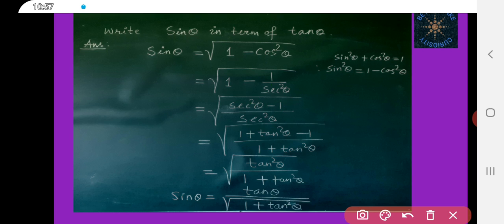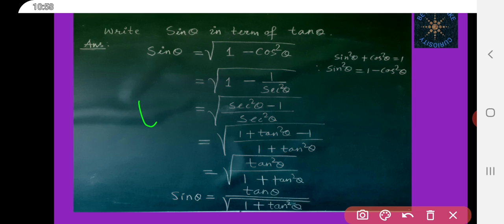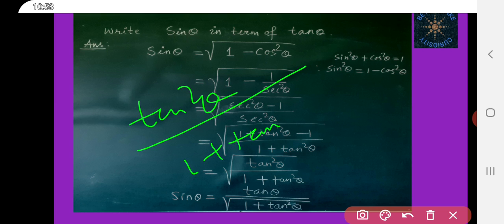Now 1 cancels, so 0. Here tan square theta by 1 plus tan square theta, under root. Okay, and the square root of tan square theta is your tan theta. You can write like this.